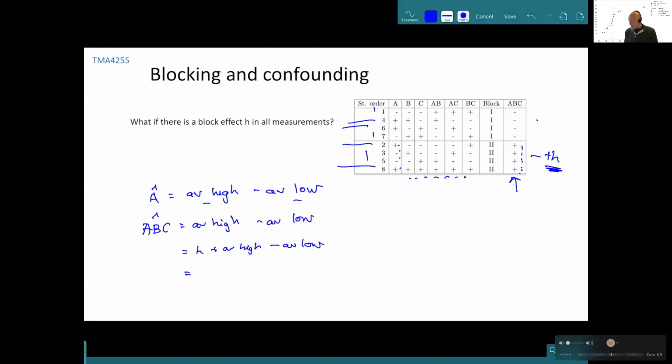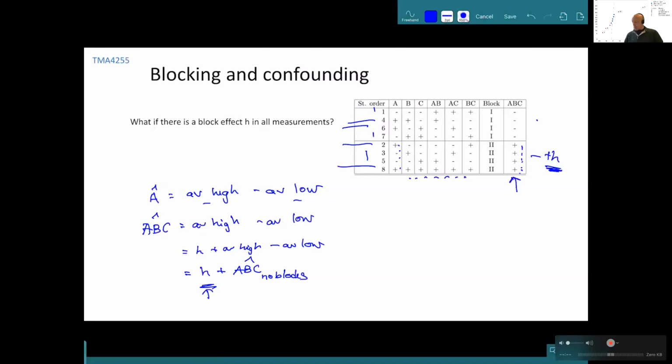So this becomes h plus the effect of ABC hat if no blocks. And then it's impossible for us to say, okay, we see this big effect of ABC when we combine all these measurements, but is it really ABC or is it just h we're seeing? They are summed together, so it's difficult to tell which one we're really seeing.